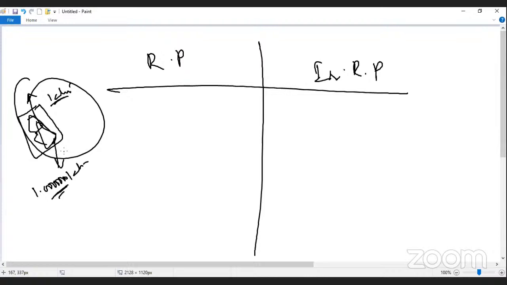Therefore, this process takes infinite time for completion.